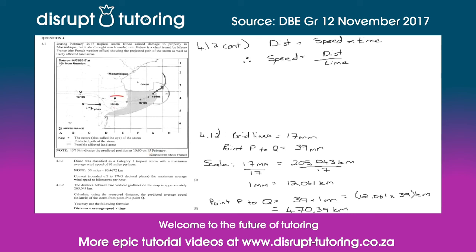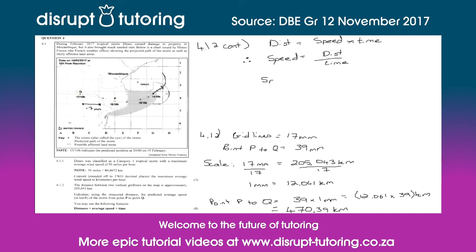So this at point P is the predicted time at the 16th at 10 o'clock, and point Q is a whole day later. So it's the 17th, still at 10 o'clock. So this tells us that the time it takes to go from point P to Q is 24 hours. So our time is 24 hours.